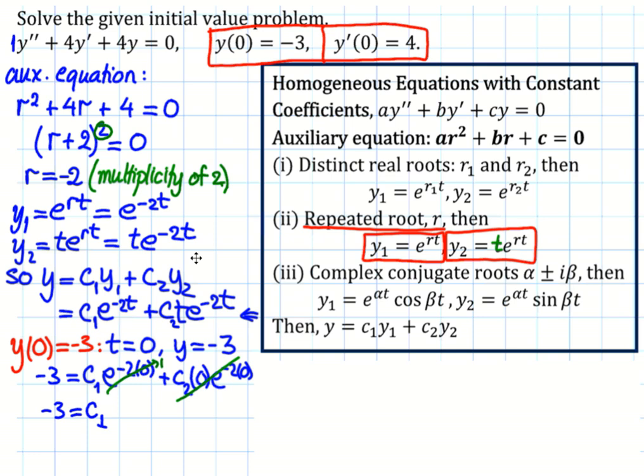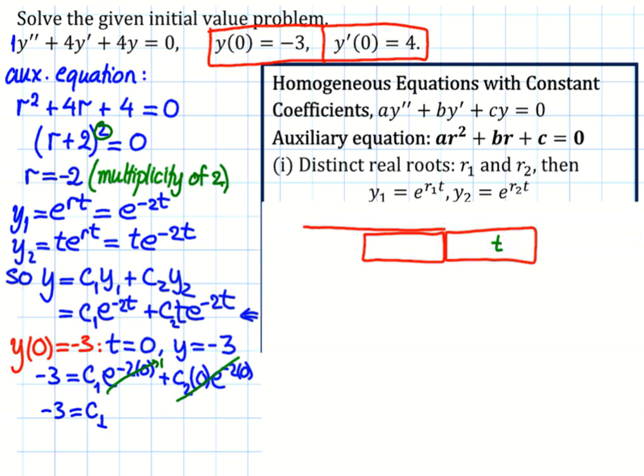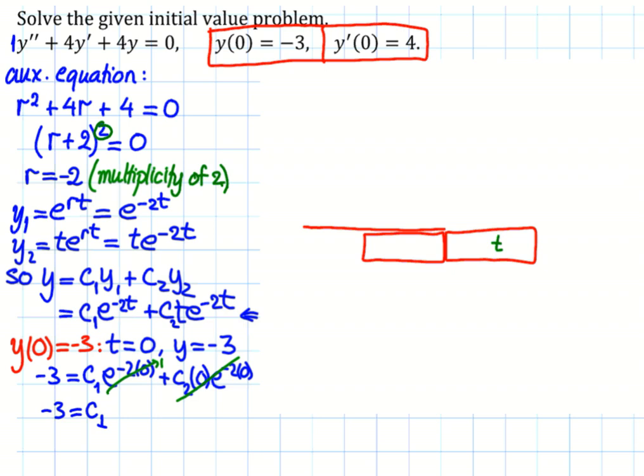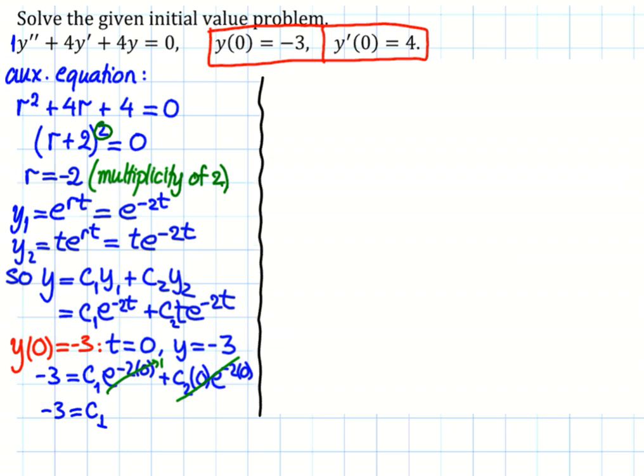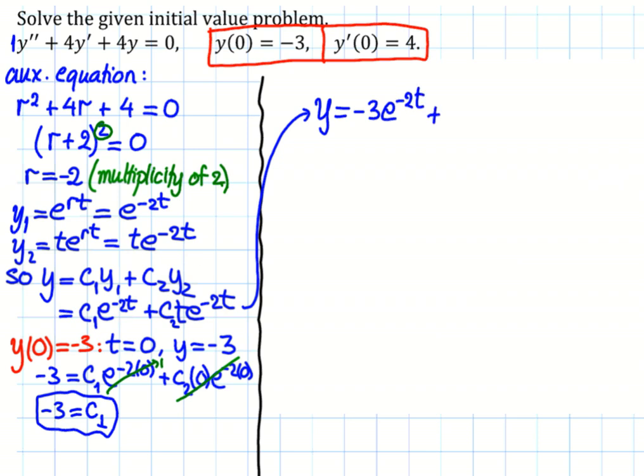So that is c1. Now we will need to solve for c2. We don't need the formula anymore, so let's just do this. Now we have the function, but we do know c1 is negative 3, so y is going to be negative 3 e to the negative 2t plus c2 t e to the negative 2t, I forgot the t again.